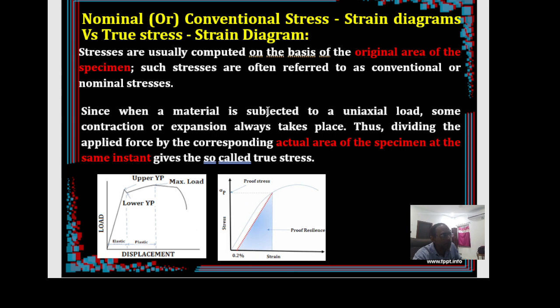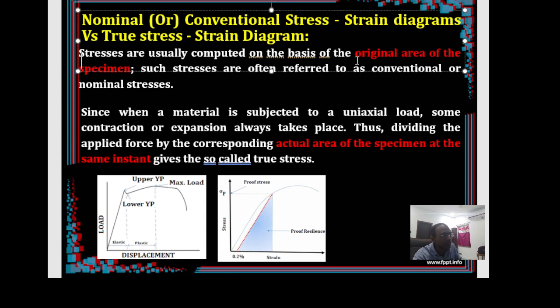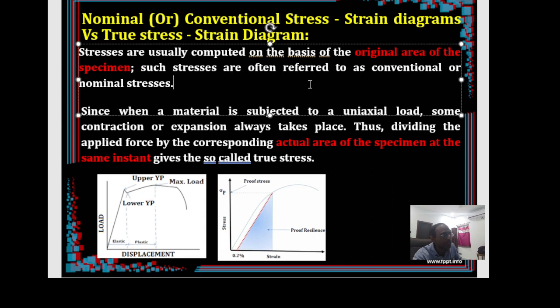Now sometimes another similar diagram is drawn, called the true stress strain diagram, rather than the conventional stress strain diagram. The difference is that in the nominal or conventional stress strain diagram, for all calculations, whatever stress at any instant you are calculating, you take the original area of the specimen which was measured before putting the specimen into the universal testing machine.